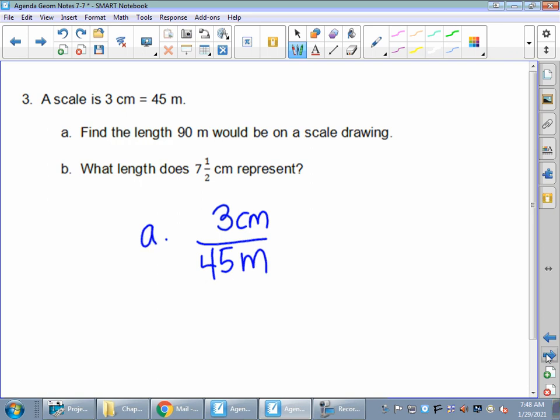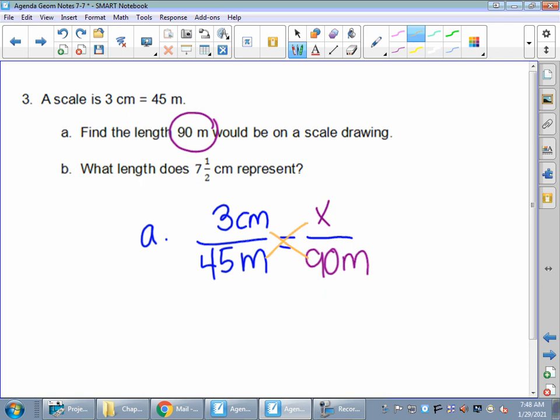So for part A, I want to find the length that 90 meters would be on a scale drawing. If you set this up as a proportion and you put your labels, 90 meters has to be lined up with the meters. So then this would be my x. How many centimeters would that be? You might have been able to common sense your way through that and see that it's double. If not, set up a proportion, cross multiply.